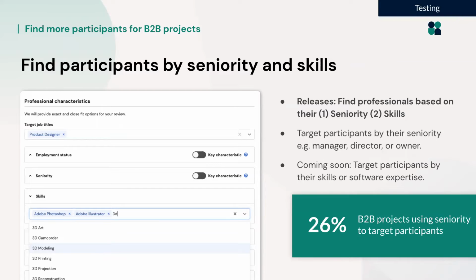And very soon, in the next several weeks, you'll also see on the researcher side the ability to find participants by skill. Our hope is that this becomes a very strong signal. I think it could be even stronger than title in a way to find people who might have used your product or a product like yours.